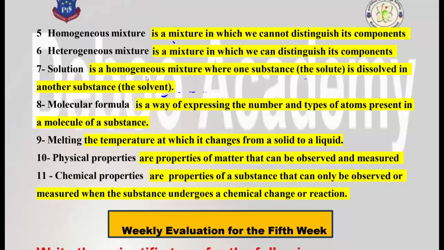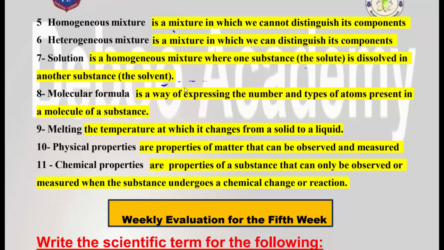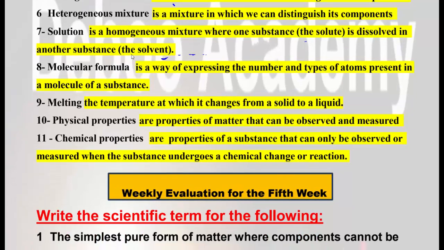A solution is a homogeneous mixture where one substance, the solute, is dissolved in another substance called the solvent. A molecular formula is a way of expressing the number and type of atoms present in a molecule or substance. When we write HCl or H2SO4, from this formula we know the type and number of atoms.